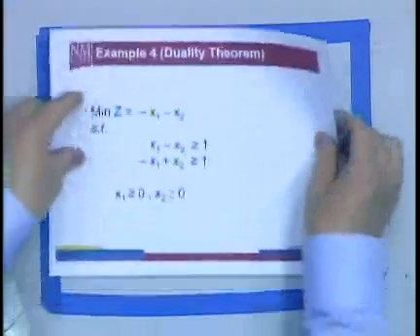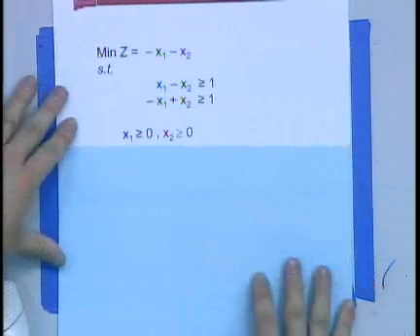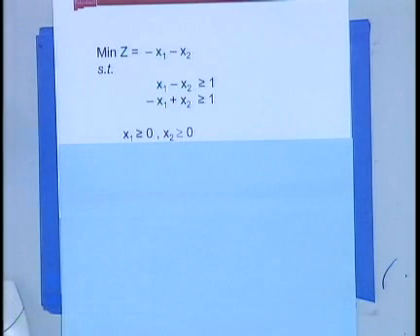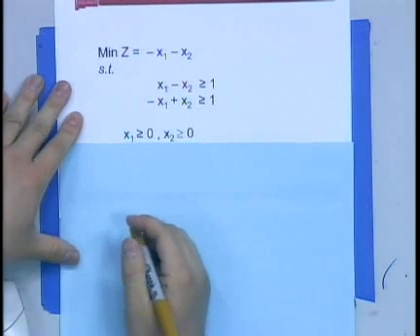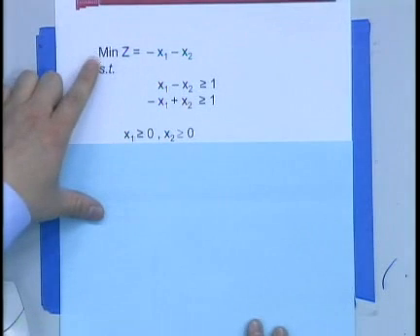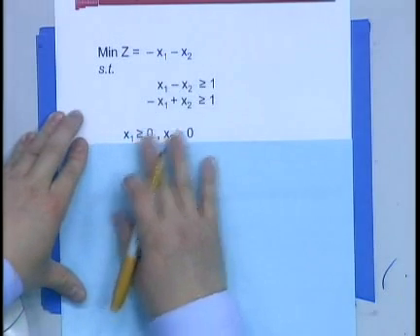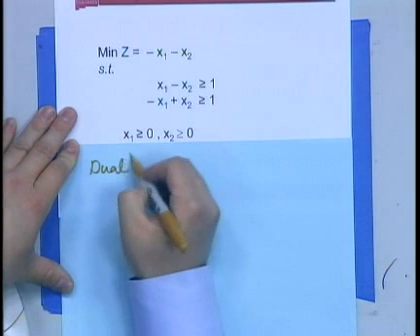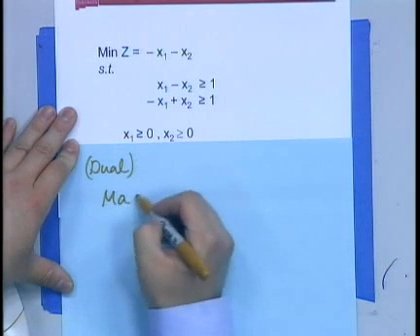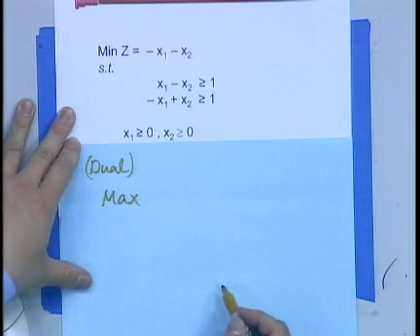Now let's try to construct the dual problem. Because the primal problem is a minimization problem with only two decision variables and two constraints, the dual problem must be a maximization problem with two decision variables and two constraints, right?